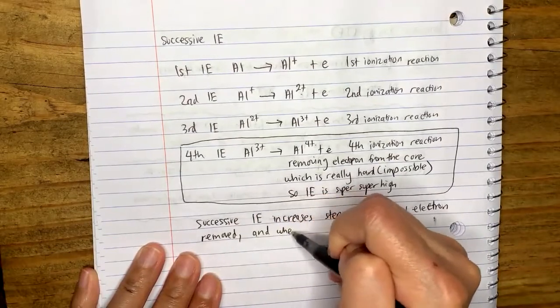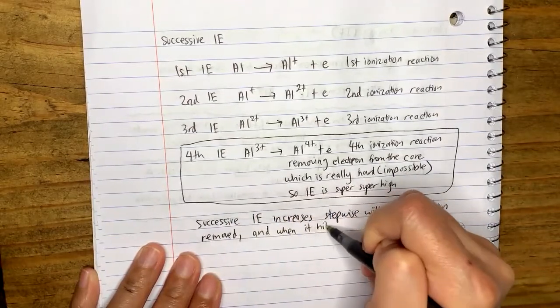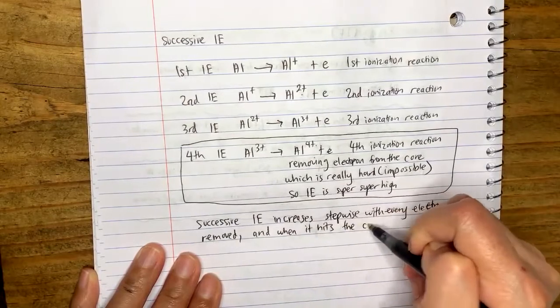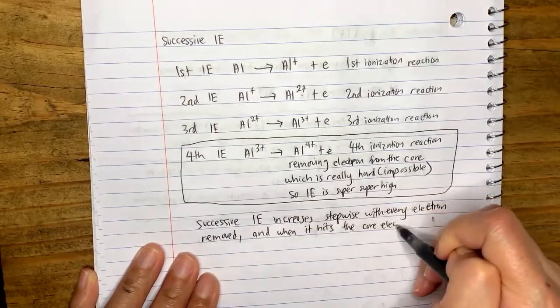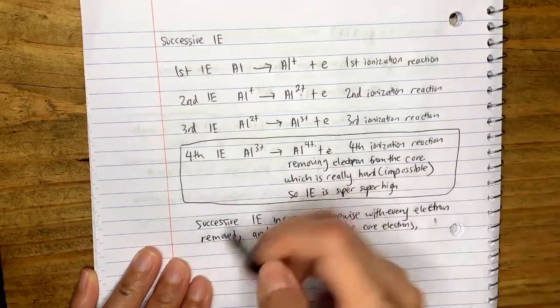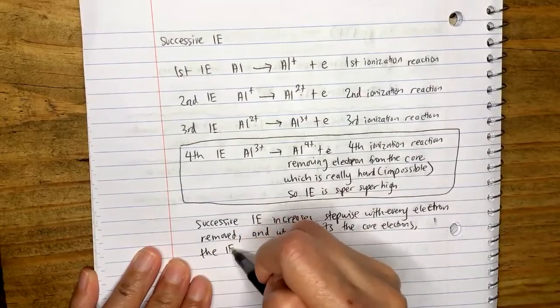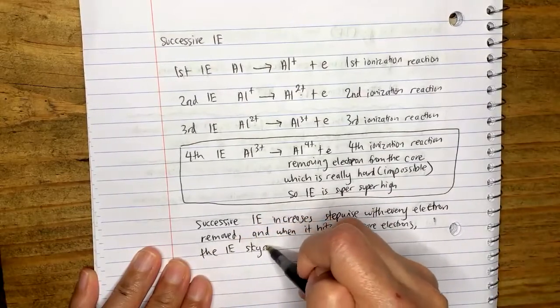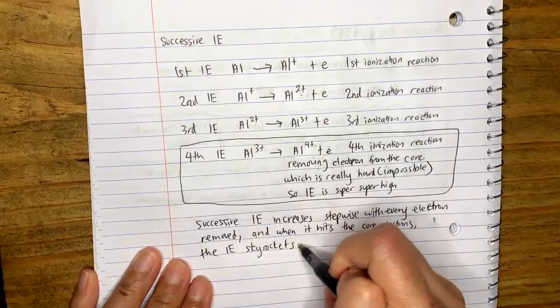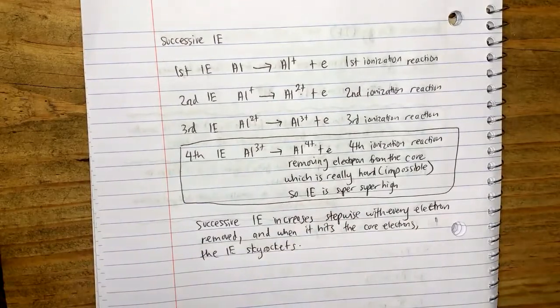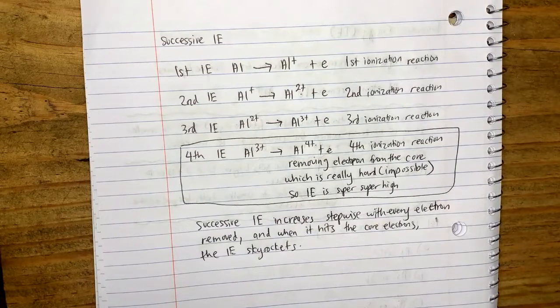And when it hits the core electrons, the IE skyrockets. I want to show you some values that they have reported, okay? We can see every time you hit the core, it goes up like crazy.